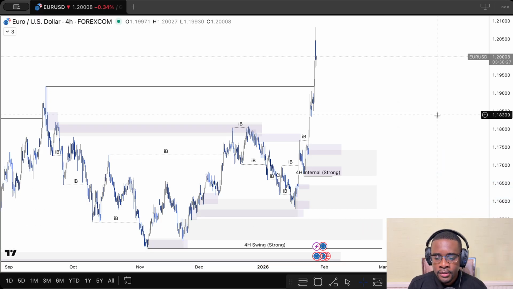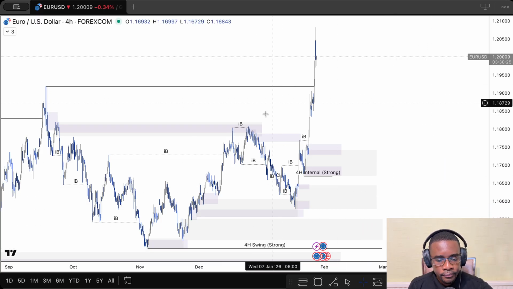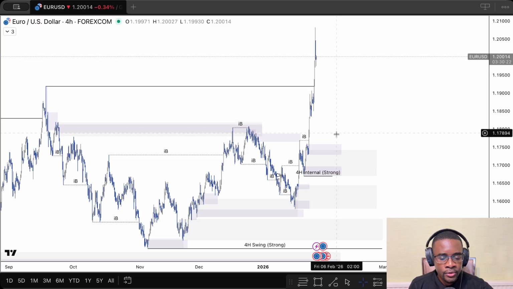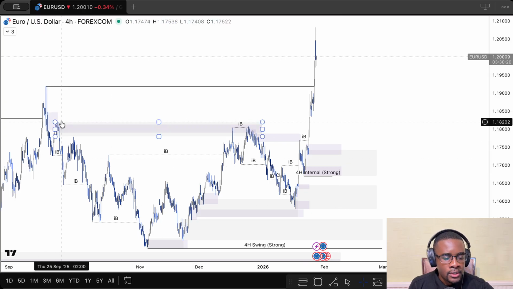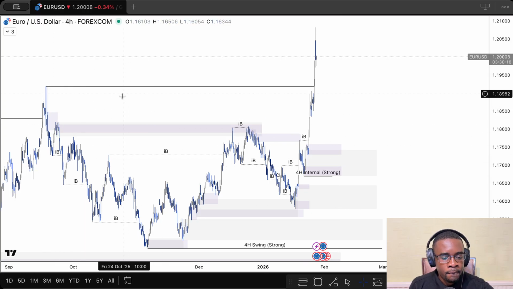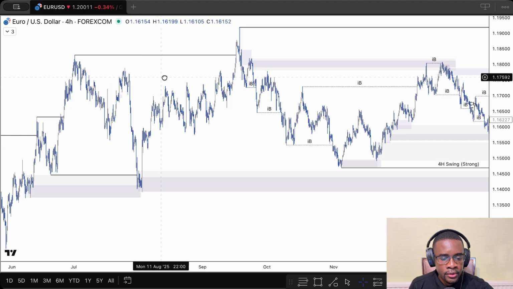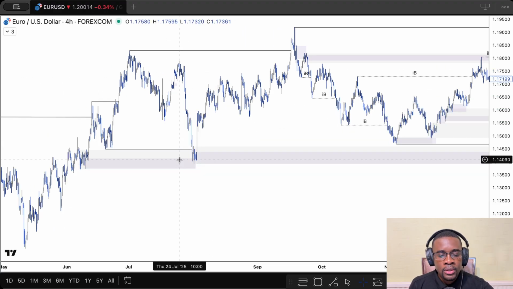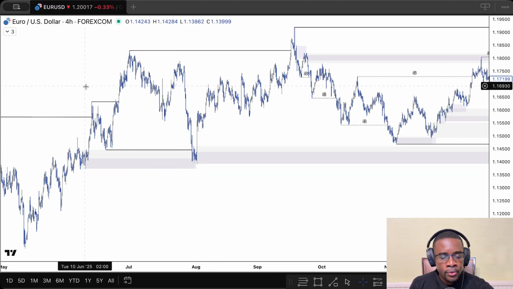Now you could mark it differently. You could say this is your swing break of structure on the 4 hour, and all these areas where I was marking internal breaks of structure, you could mark as swing. The only reason is because I'm coming from all the way back here. This was my swing break, right?